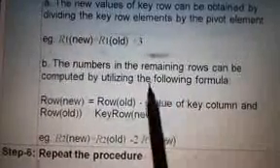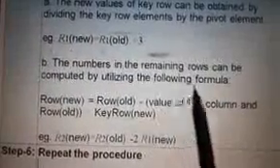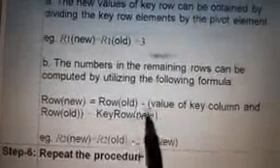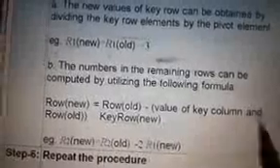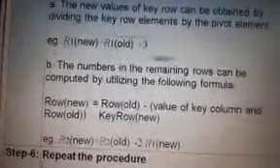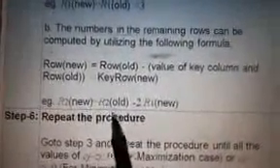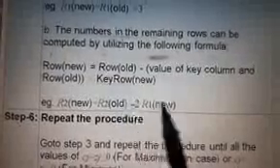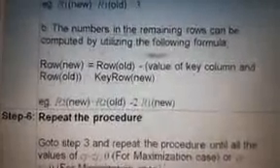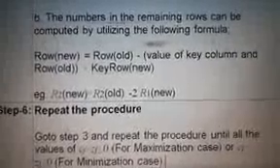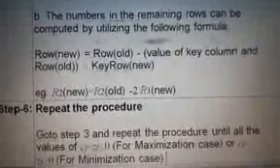The numbers in the remaining rows can be computed using the following formula: row new is equal to row old minus the value of the key column in row old times key row new. For example, row 2 changes to row 2 new, which is row 2 minus twice row 1. This is the elementary operation concept.